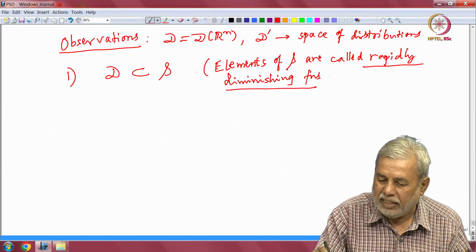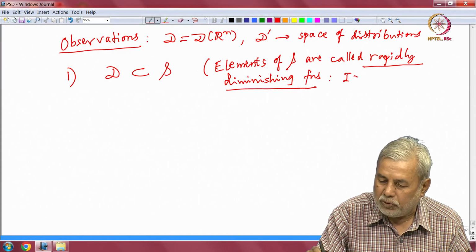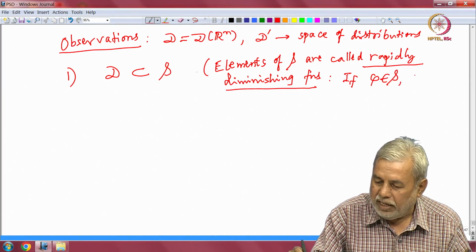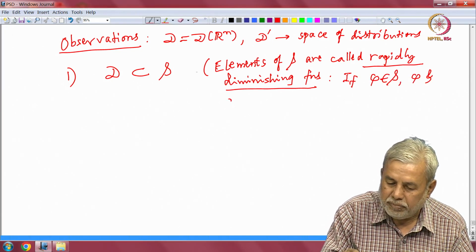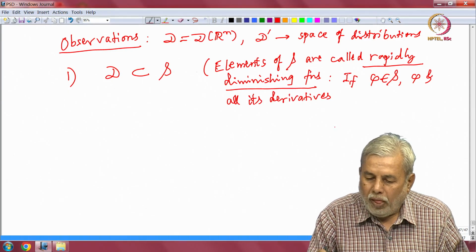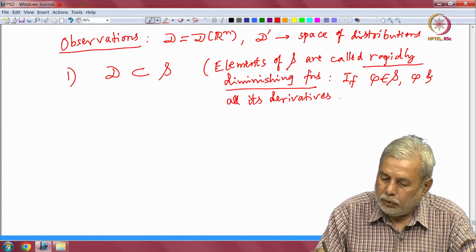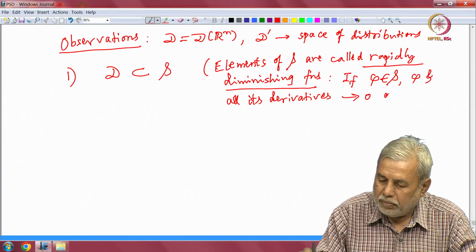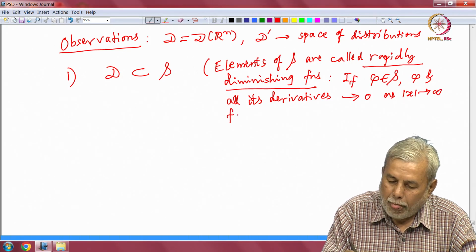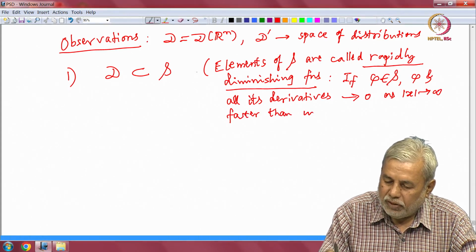The reason for that is, if phi belongs to S, the Schwartz space, phi and all its derivatives tend to 0 as mod x tends to infinity faster than the inverse of any polynomial.